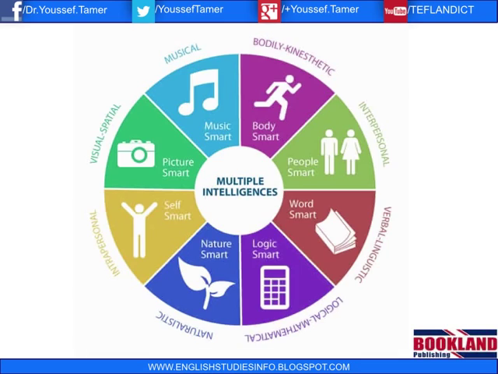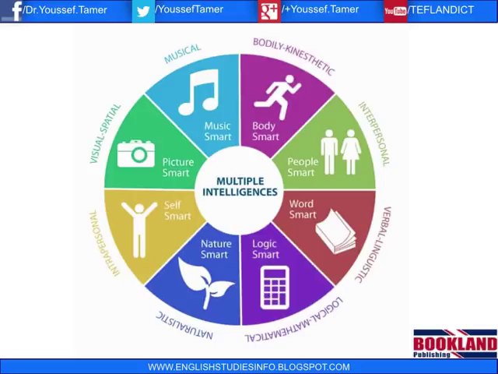Now let me move on to summarize again the multiple intelligences. You can see we have the bodily kinesthetic; people who have this kind of intelligence are referred to as body smart people, body smart kids. Interpersonal, people smart, they are smart about dealing with people.